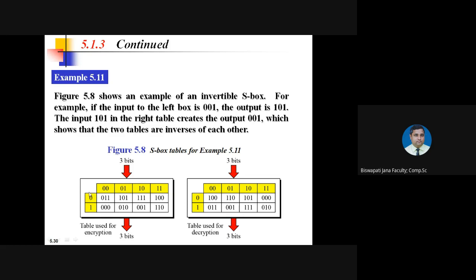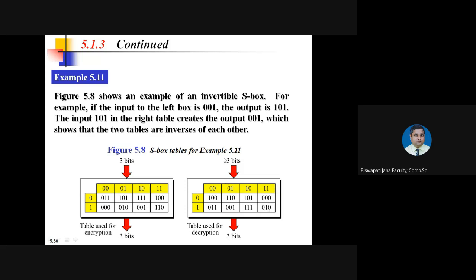So for the input 010, we have taken 111. So this 111 comes from 010. When we take this 3 bit 111, then it is the same as 010.